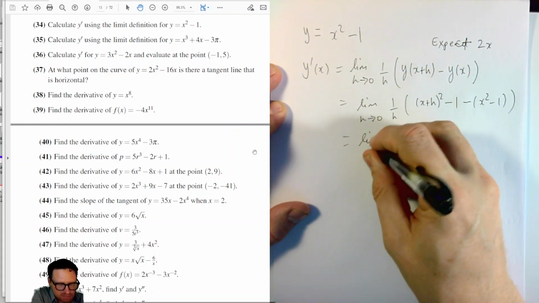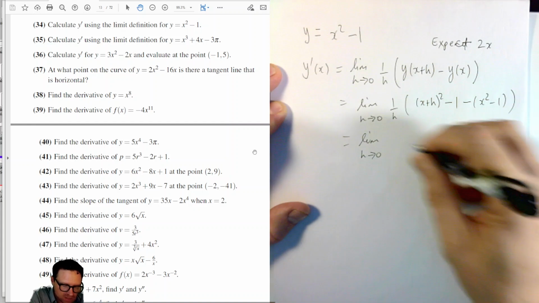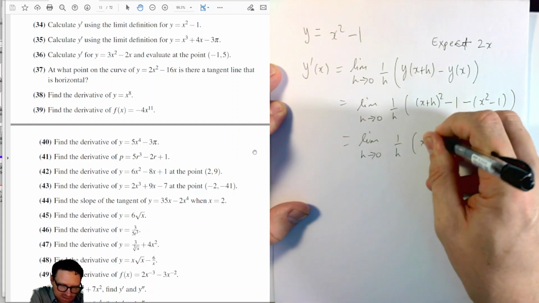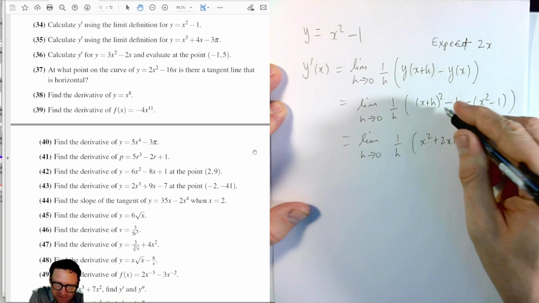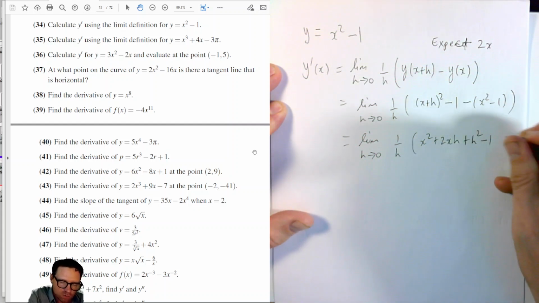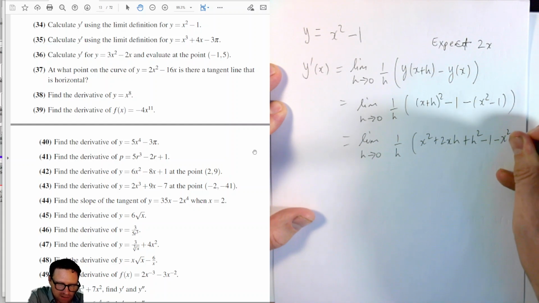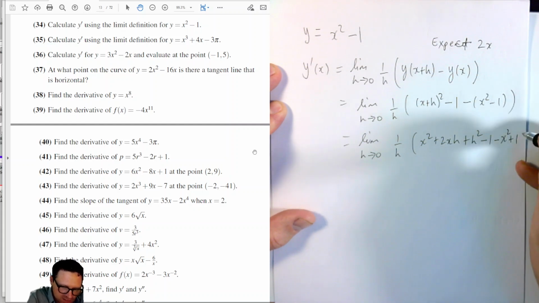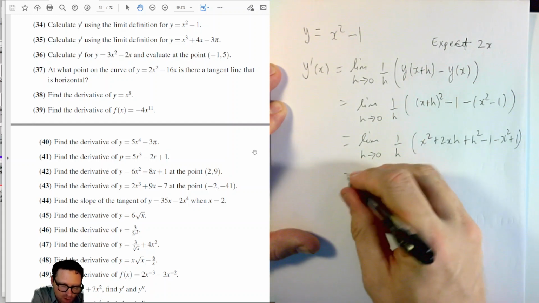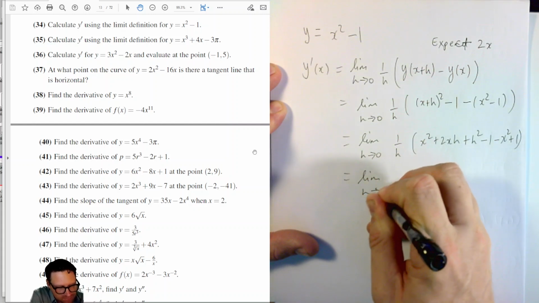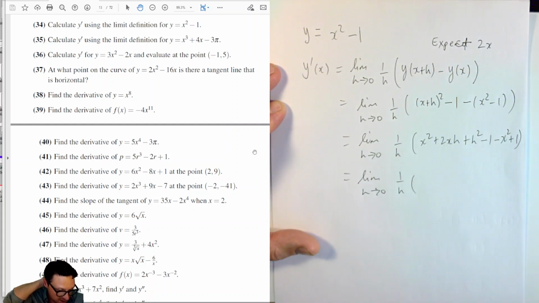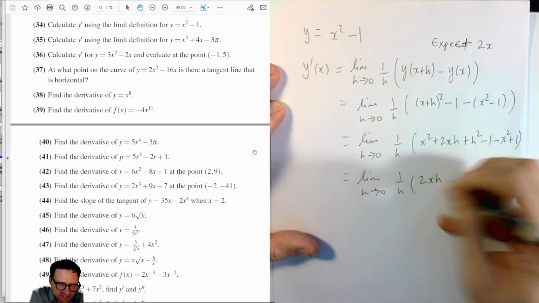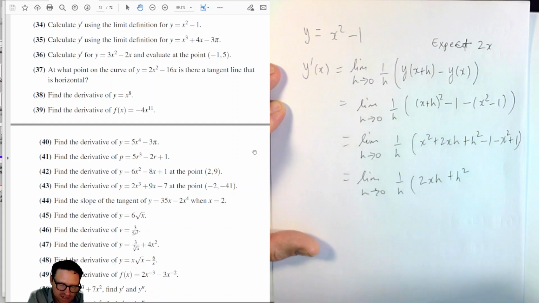Next we expand. So we get x squared plus 2xh plus h squared for the expansion of that square, minus 1 minus x squared plus 1, because minus minus 1 is plus 1. Now let's have a look at what vanishes. x squared minus x squared vanishes, and minus 1 plus 1 vanishes. So we're left with 2xh plus h squared.